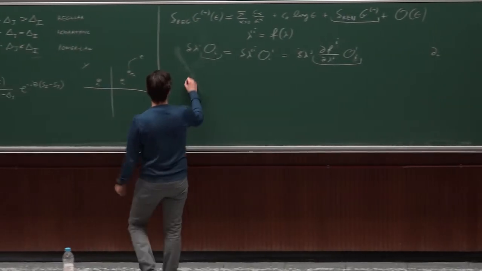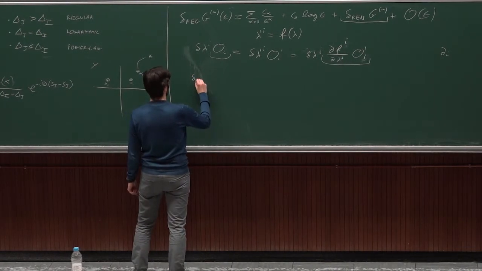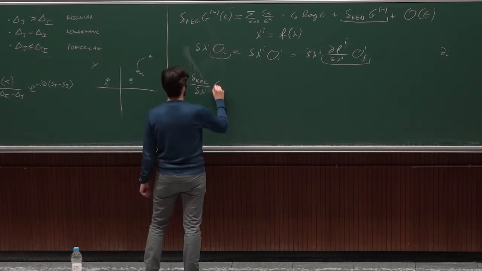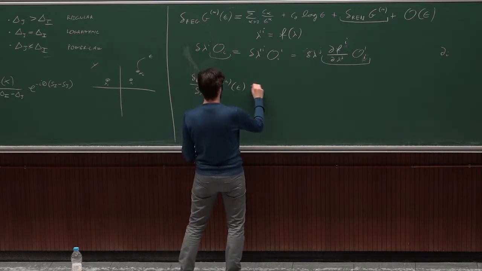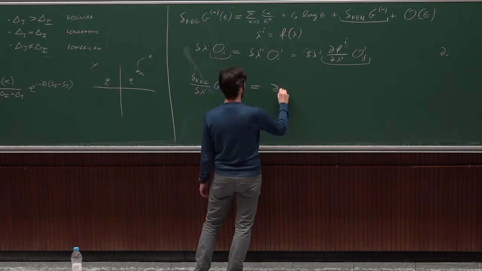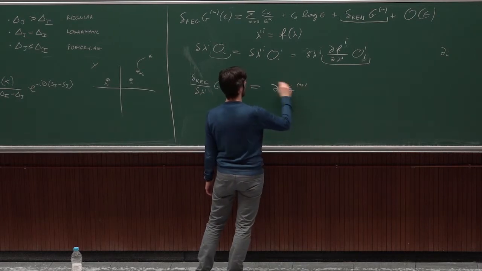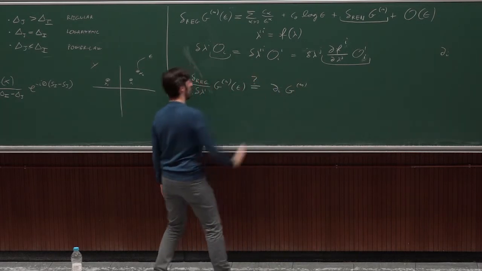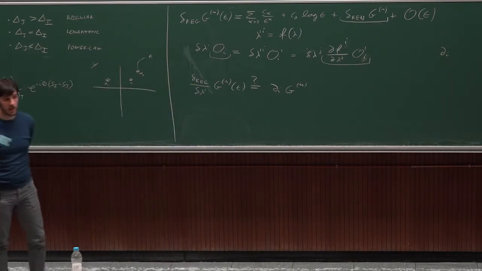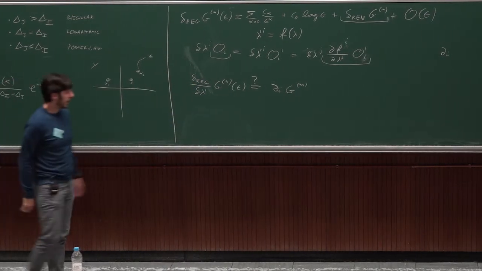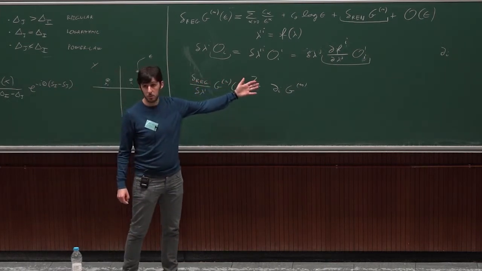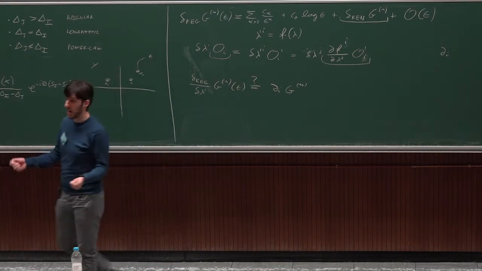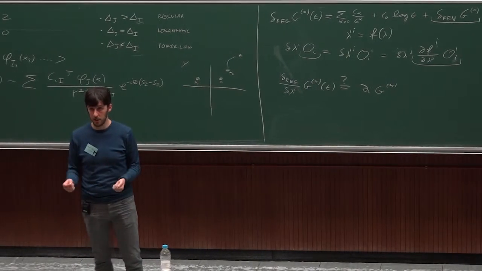And so you might expect that this operation that I defined here should be interpreted as some sort of derivative. So let me put a question mark here. This is a natural guess because this object transforms as a derivative operator, and it corresponds to a change of this correlator with respect to the parameters.